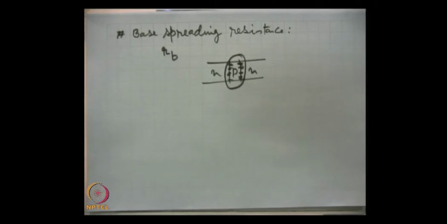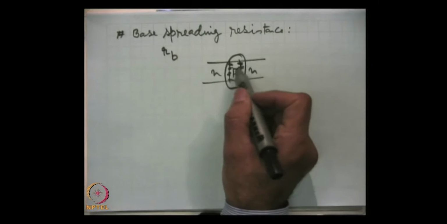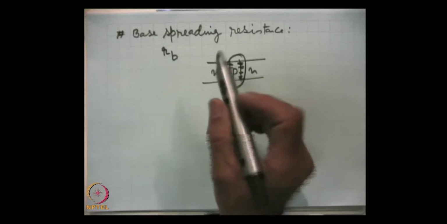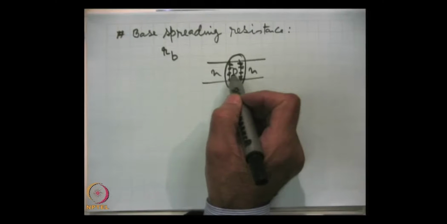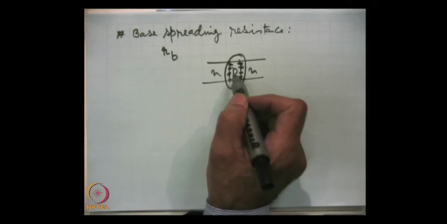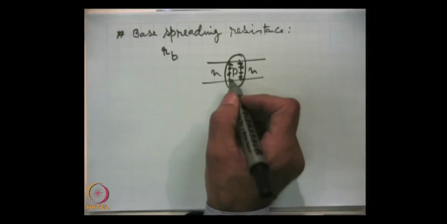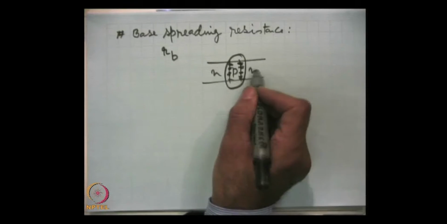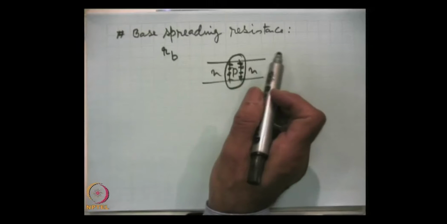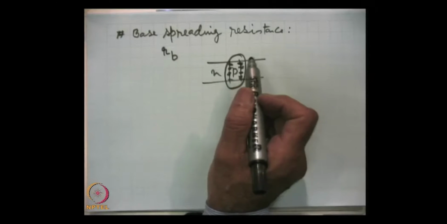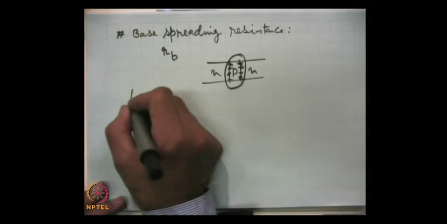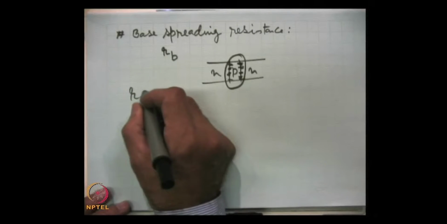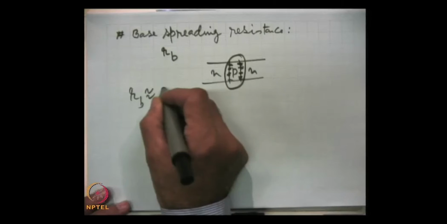It is thin, and then it becomes thinner because of the spread of the depletion regions, and the doping level is also very light, so it offers a resistance to the passing currents, and that is known as base spreading resistance. The value of this base spreading resistance R B is of the order of 100 ohms.